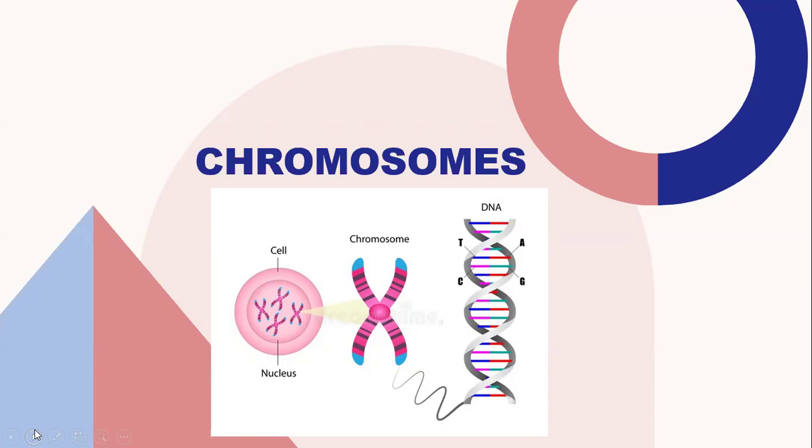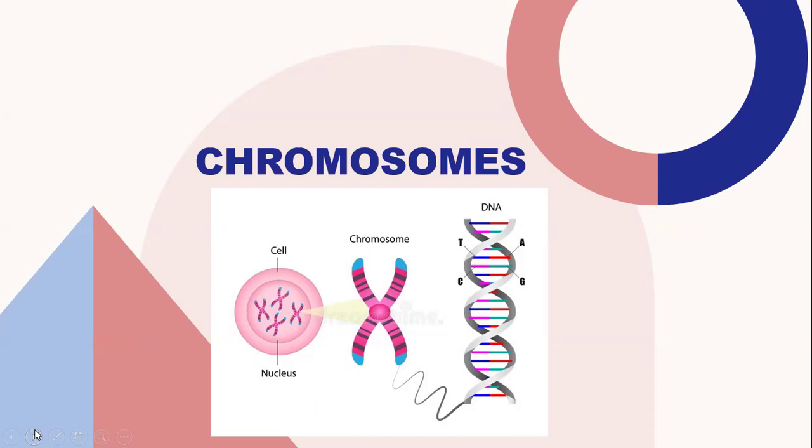We are aware that the genetic material that we have in the nucleus is DNA. But how is this DNA stored, or in what form do we have it? Our chromosomes are thread-like structures of genetic material. Our genetic material is DNA.